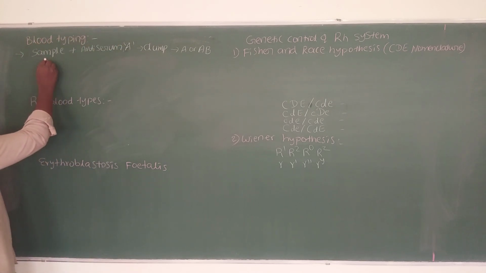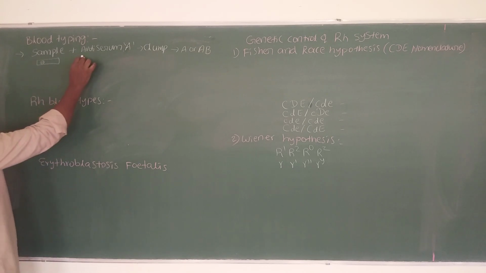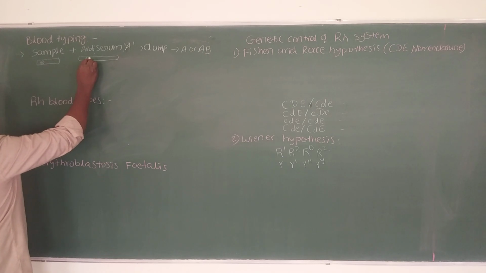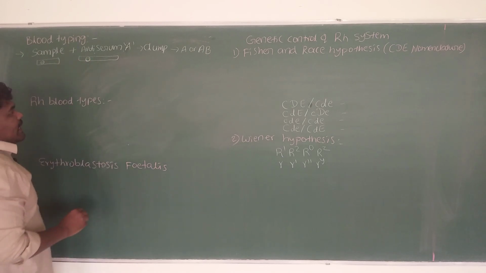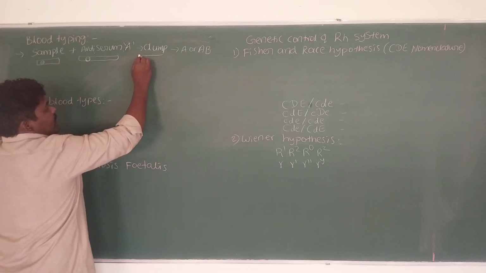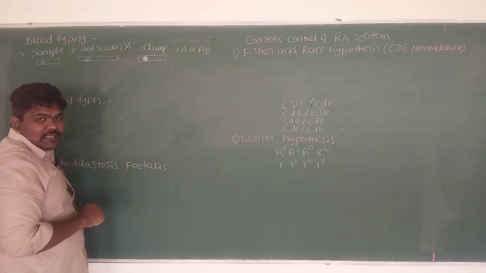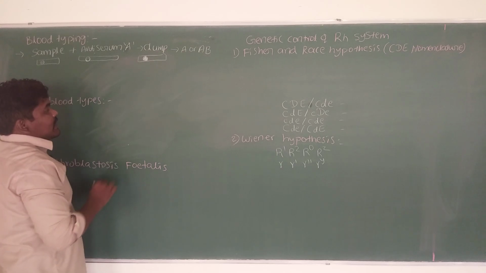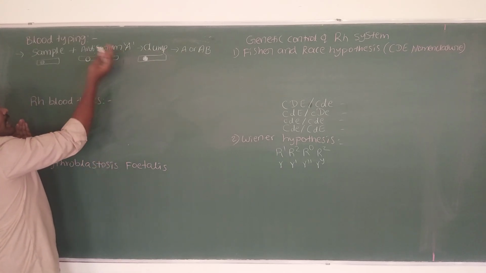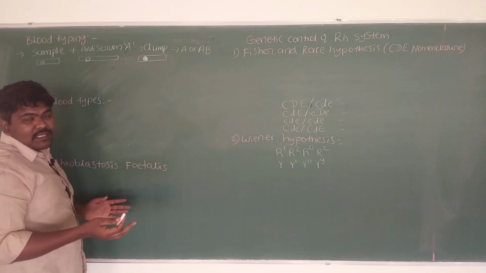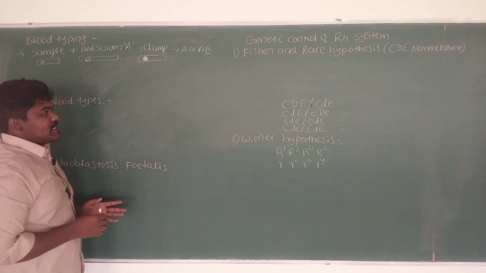See here, this is the slide. When you take a blood sample on this slide and add anti-serum A, if you see the formation of a clump or clot, that is because of the reaction of antibody A with antigen A. If there is no clump, that indicates absence of the antigen.